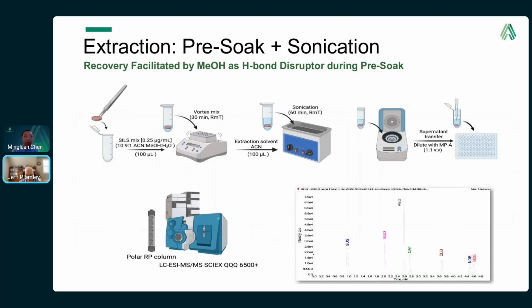And successful chromatography was achieved with a polar RP, which is just an absolutely fantastic phase for retaining really highly polar compounds with a suitable k prime. And then, of course, the gradient was such that we could keep the run times to reasonable periods of 5 minutes for the full panel.